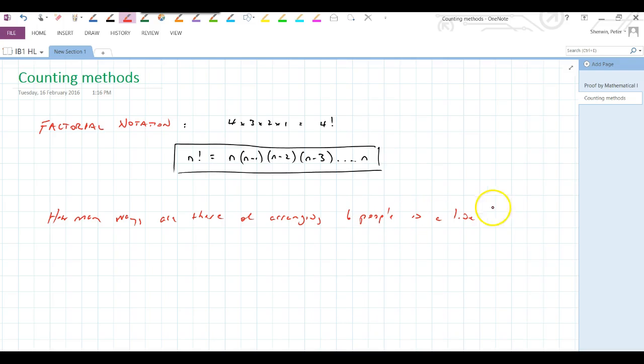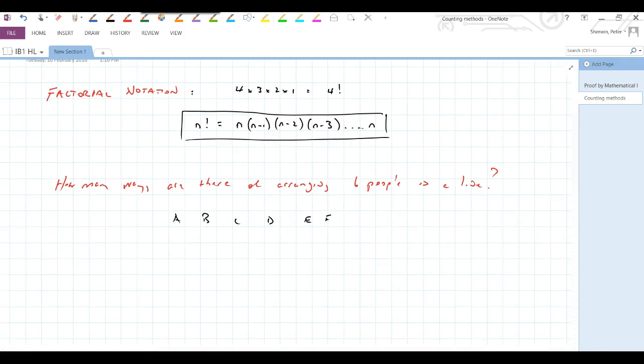So we'd look at people A, B, C, D, E, F, and that's one arrangement. Then we could fix A and change B around to C. If you think about it, there are quite a few.